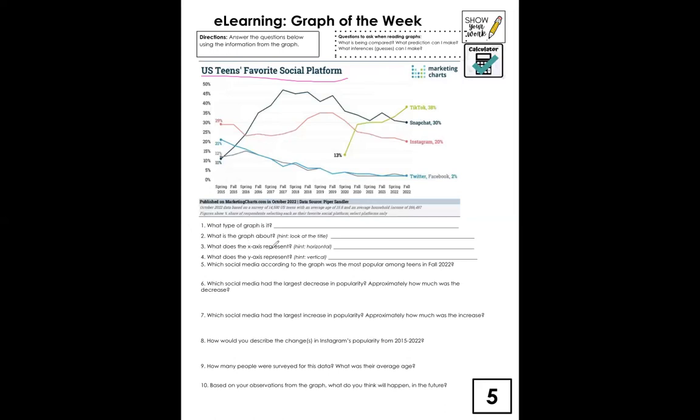What does the x-axis represent and what does the y-axis represent? Well, let's take a look. The x-axis, as a reminder, is our horizontal. The y-axis, as a reminder, is our vertical. So as I'm looking at the horizontal axis, the x-axis, I'm seeing lots of spring, fall, and I'm seeing 2015, 2016, 2017, 2018.